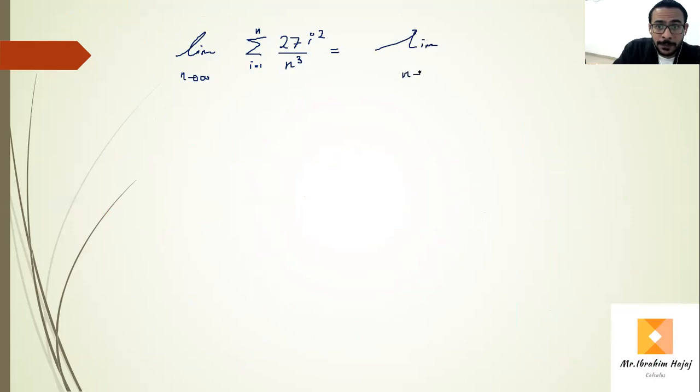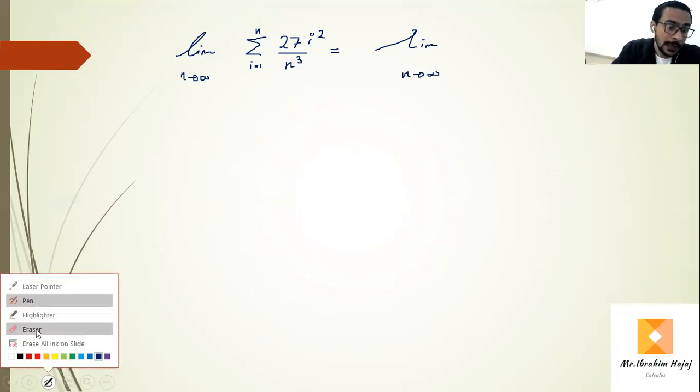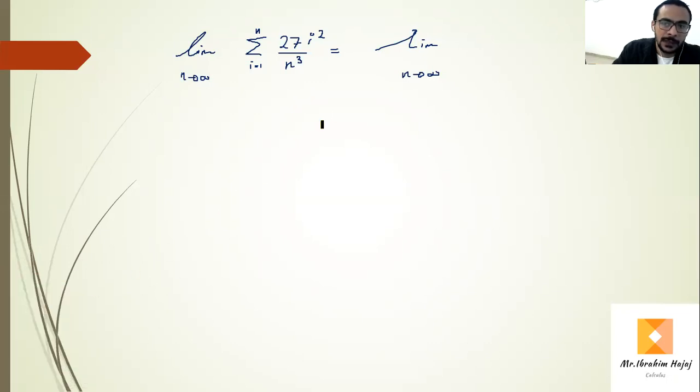From the first term, you know that we can write the constant outside the limit, so we can write 27 outside. That means the limit of the summation is the same as the summation of the limit.